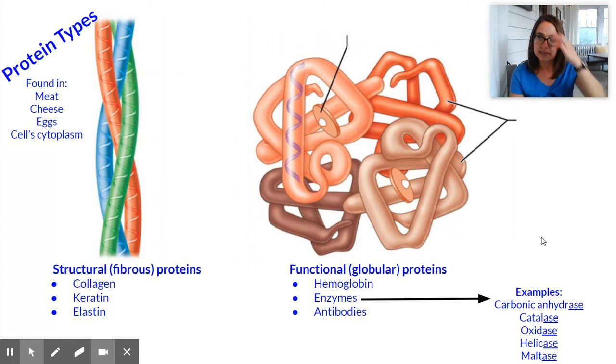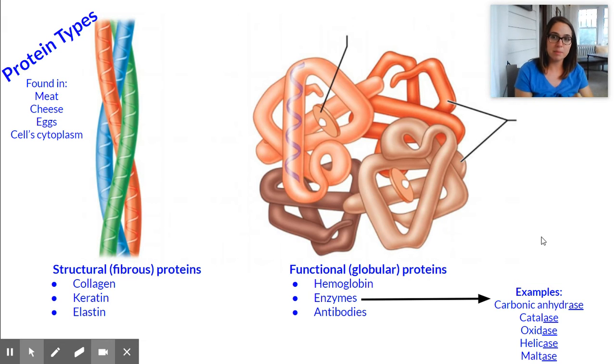Enzymes almost always end in "ase," and lots of times they have the same prefix of the thing that they work on. Helicase, for example, is the enzyme that breaks apart the helix in DNA. It's what unzips your DNA when it's time for DNA replication.